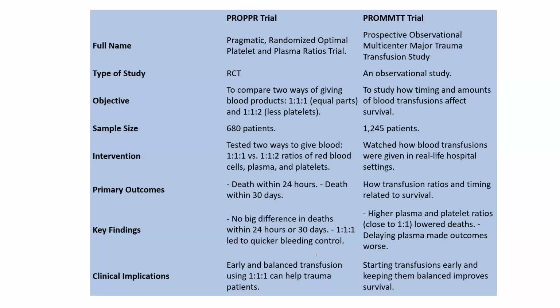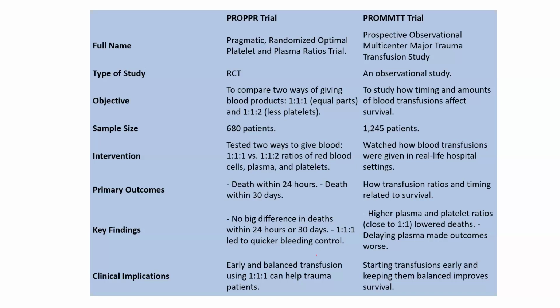Later on in 2015, the PROPPR study group did a multi-center randomized control trial, which compared 1 is to 1 is to 1 ratio with the 1 is to 1 is to 2 ratio. There was no significant difference in mortality. But what they saw was the 1 is to 1 is to 1 group of patients achieved better hemostasis, and fewer patients died because of bleeding, that is exsanguination, in the first 24 hours.